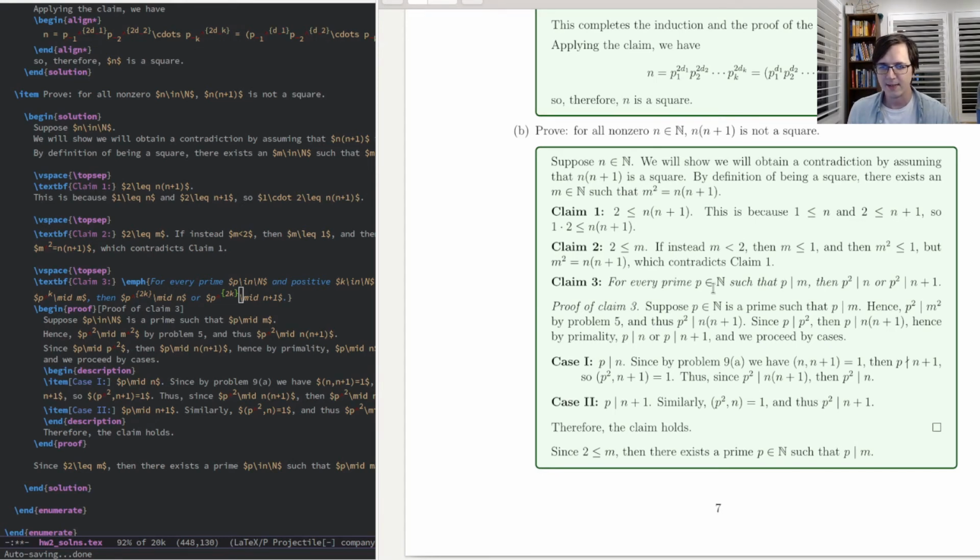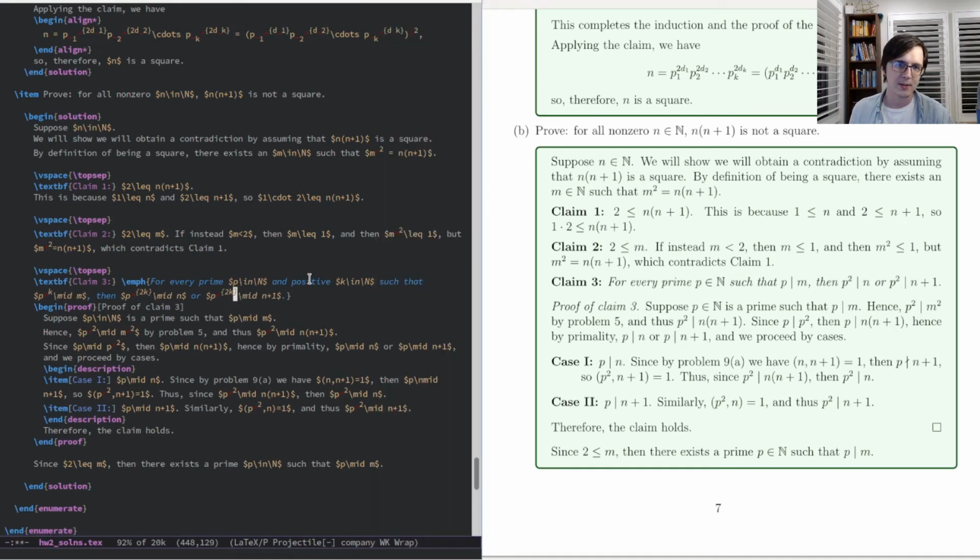So we have this thing that we're doing right now, which is showing that whenever we have a prime power, then it appears in one of the two. Okay, so let's have a prime.